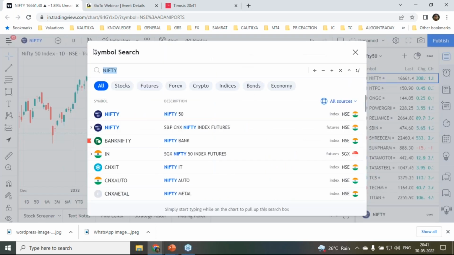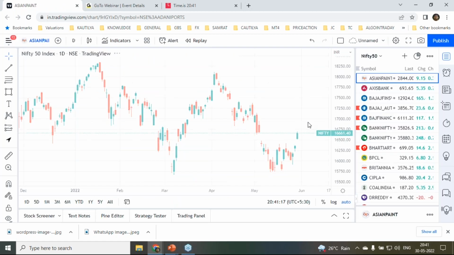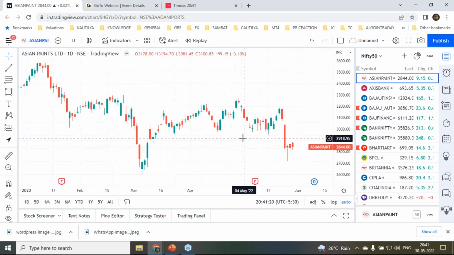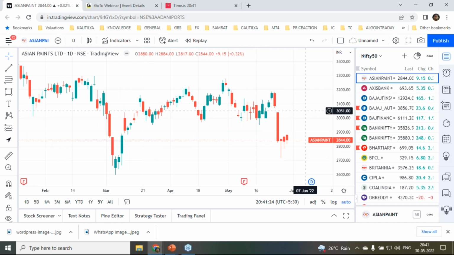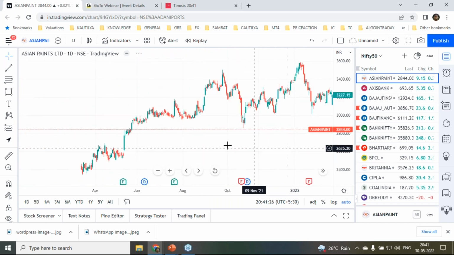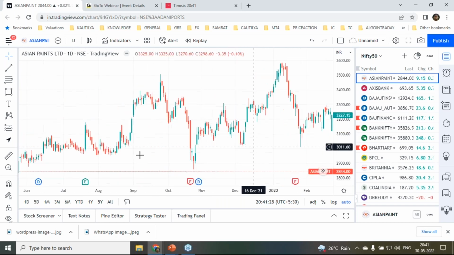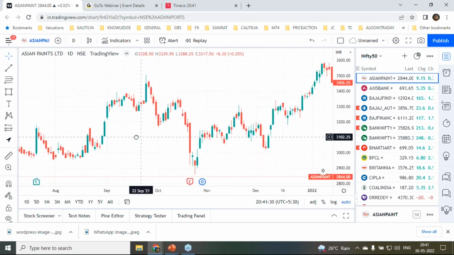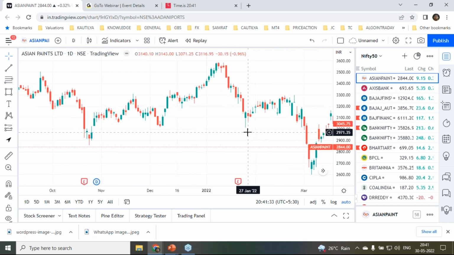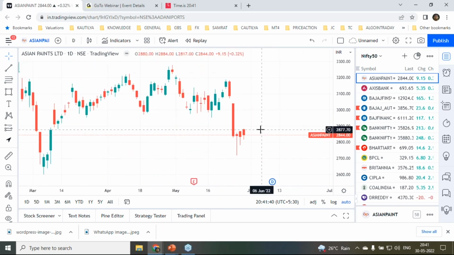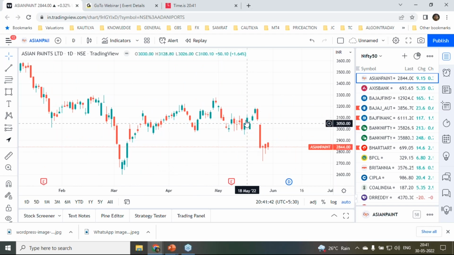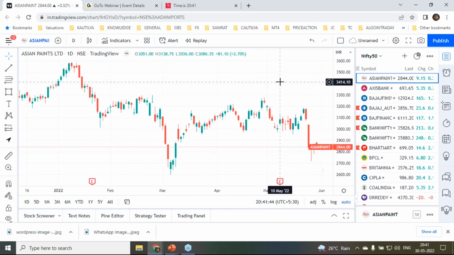We'll go one by one. Asian Paints. I just took up some examples. I just watched the market movement, and only then am I marking it. Otherwise I'll have to keep seeing so many scenarios to explain this whole principle of compression.